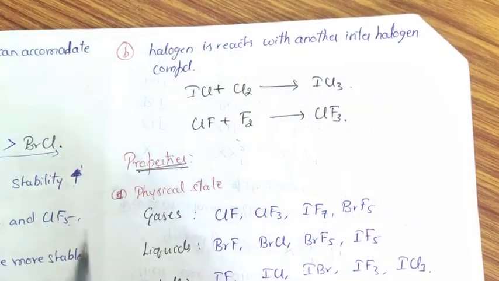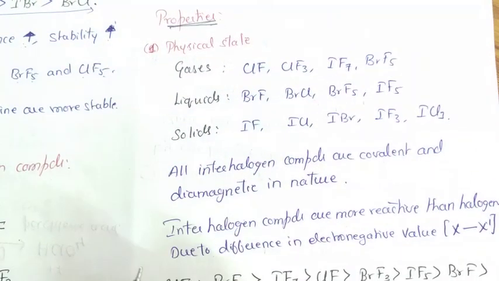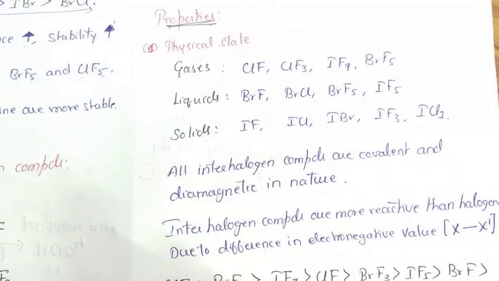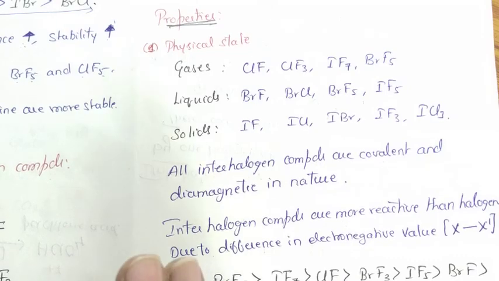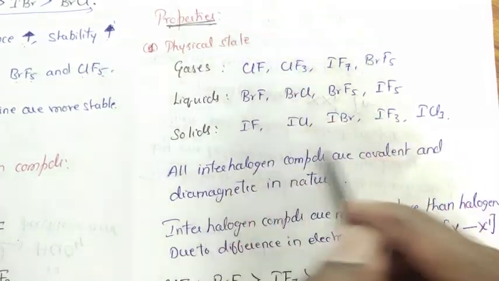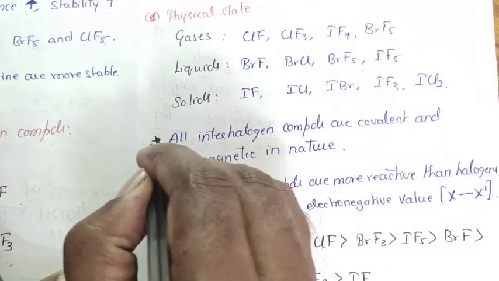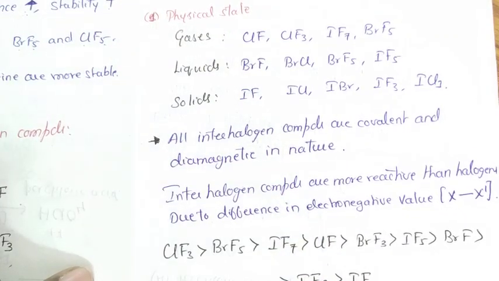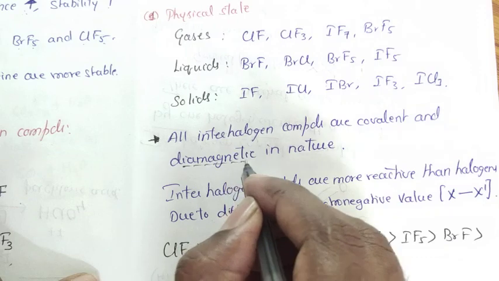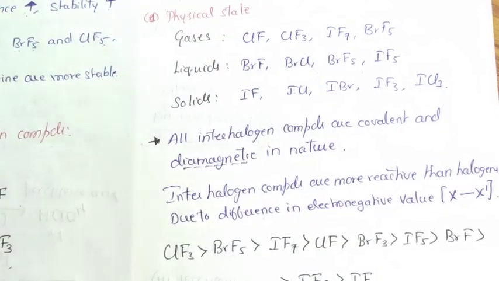Coming to the properties of interhalogen compounds. Interhalogen compounds can exist in three states of matter: gases, liquids, as well as solids. For that, I have given the examples. All the interhalogen compounds are covalent and diamagnetic in nature.